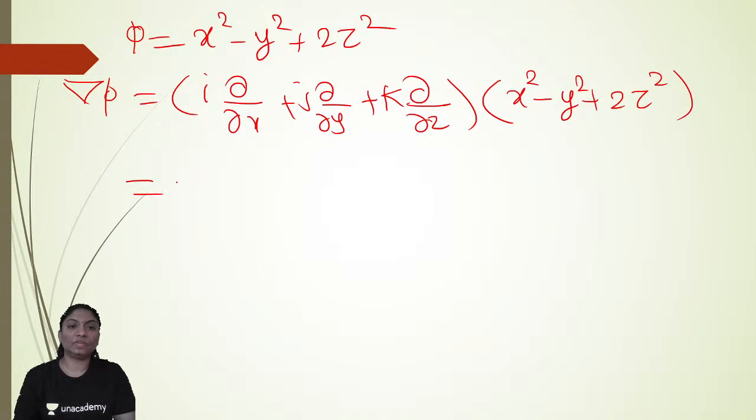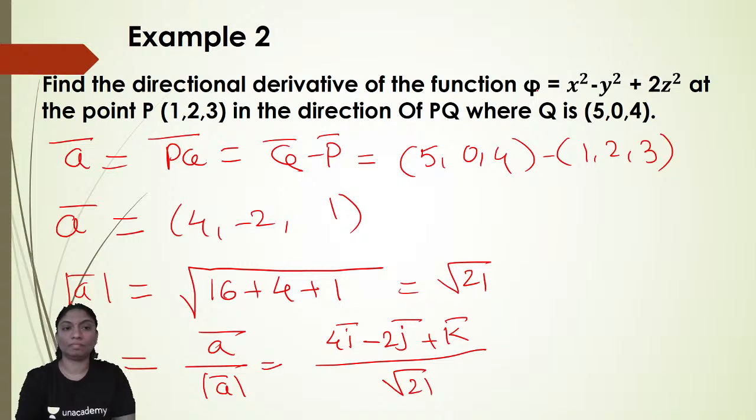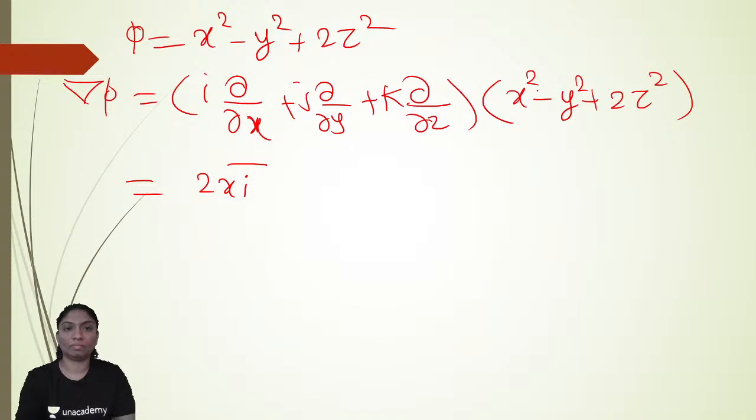So you will get i dabba by dabba x of this, so 2x i bar, plus j dabba by dabba y of this.